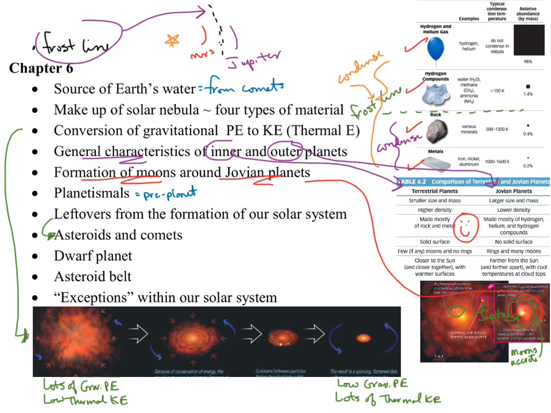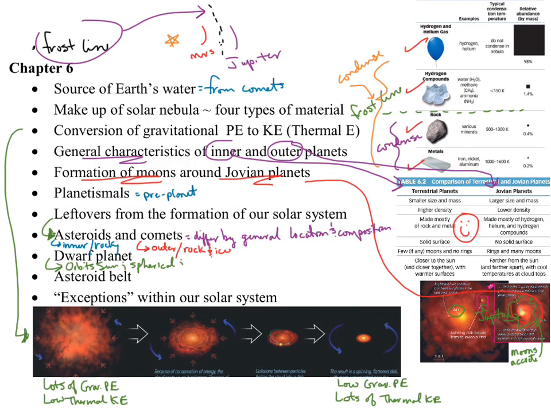The next two terms go together, left over from the formation of our solar system, asteroids and comets. They differ by where they are right now anyway. Generally, the asteroids are inner objects. They're just rocky. The comets are outer objects, and they are rocky with an ice component. Dwarf planet.